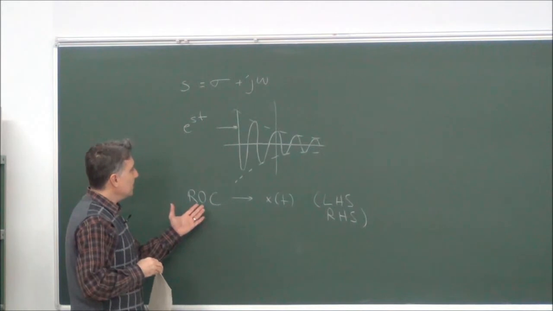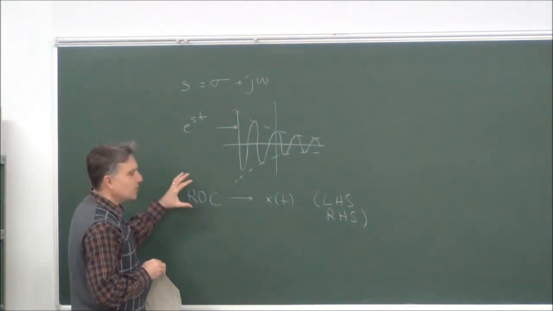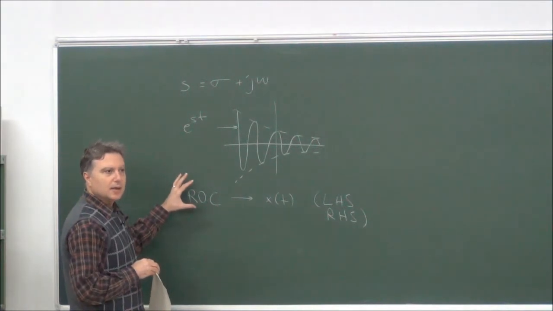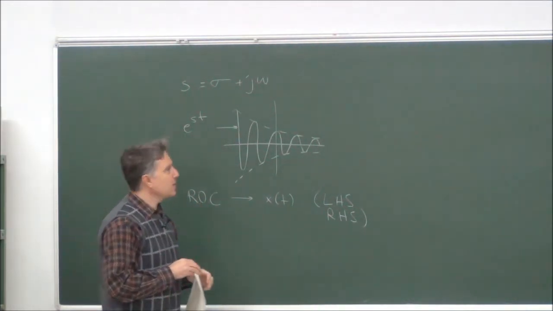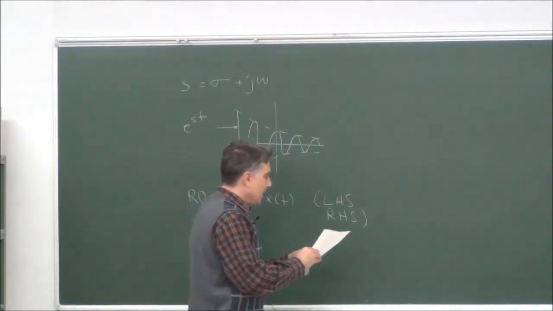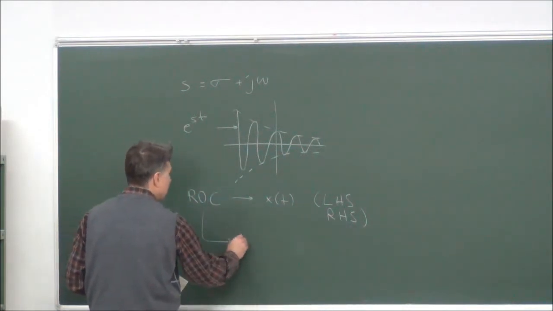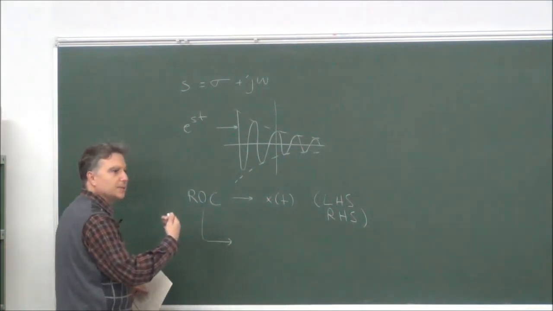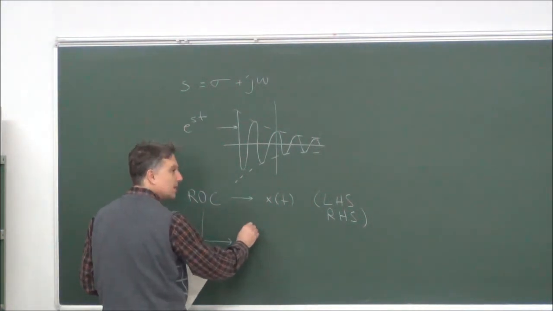And there may be more than one signal corresponding to the same Laplace transform x of s, and we have to take a look at the region of convergence to decide which one to choose. And for this region of convergence, we were looking at the so-called Laplace polynomials in the numerator and the denominator.